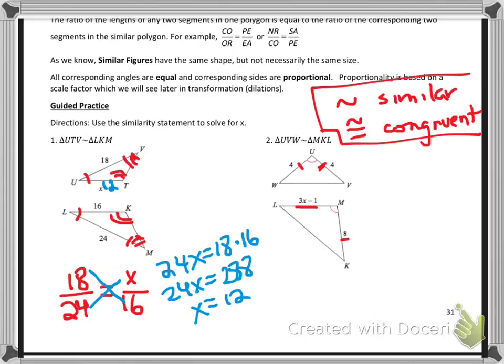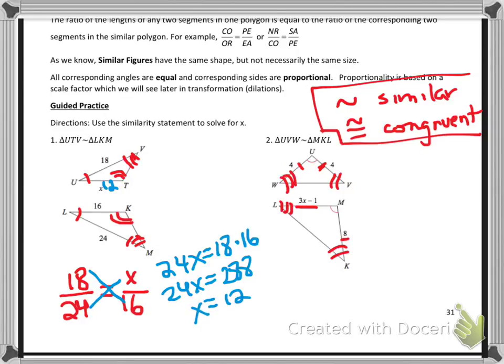Let's just show how that works. U is congruent to M. V is congruent to K, being very careful here, which means W is congruent to L.